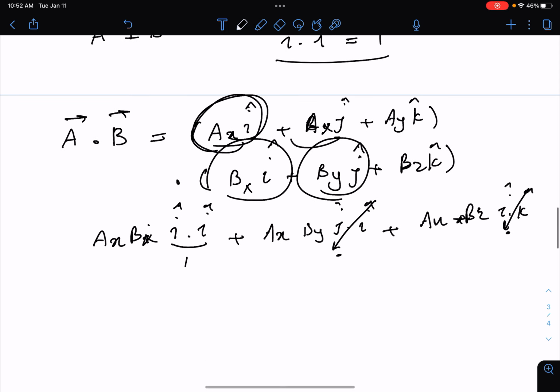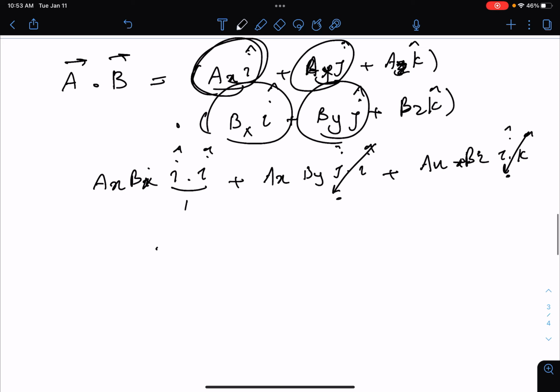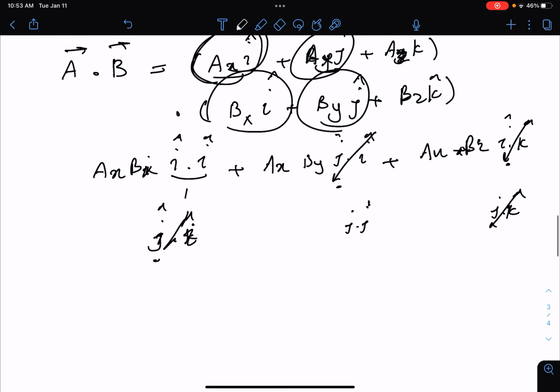If you do it for ay and az, you would see that you will get i multiplied by k here, j multiplied by k here, j multiplied by j, and so on. So 0, 0, and so on and so forth.